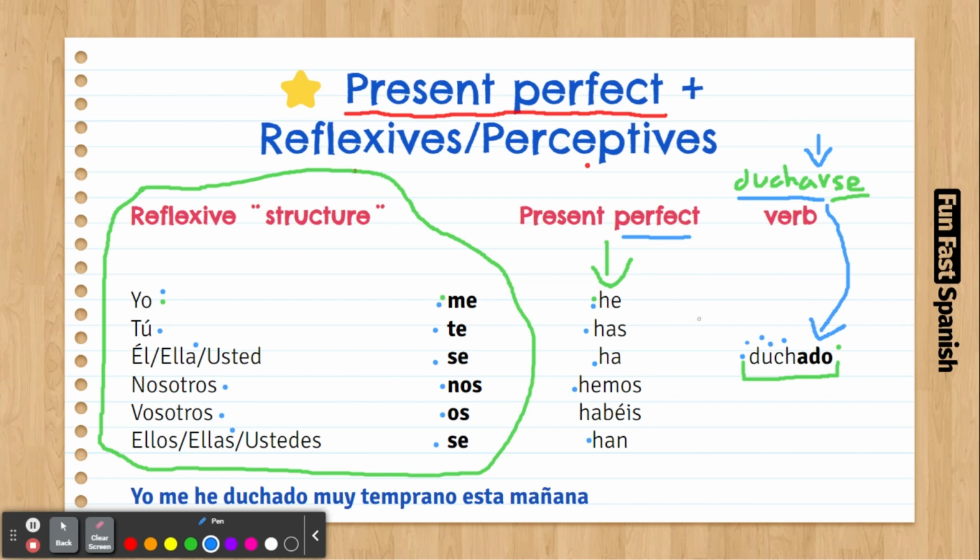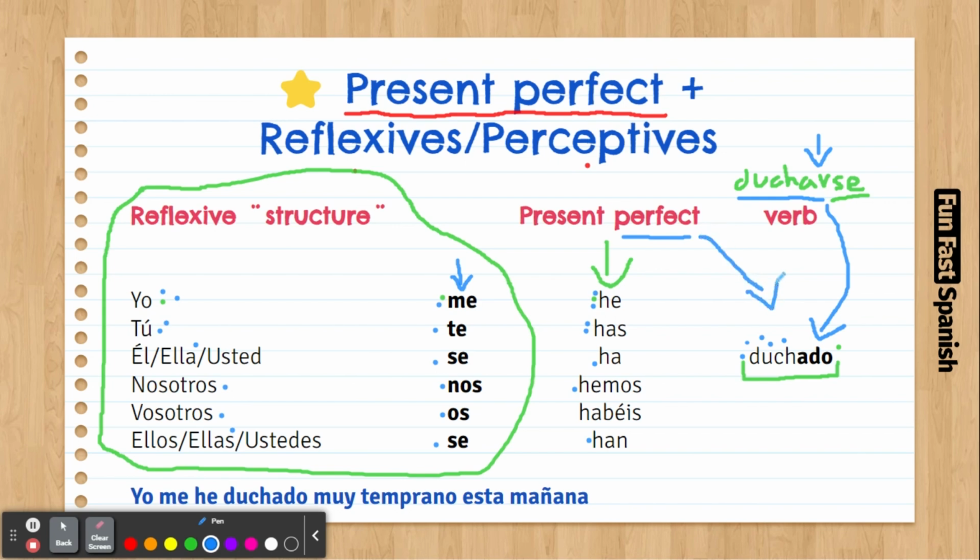Very important is to notice that we use the present perfect. Yo he, tú has, él ha, nosotros hemos. The same way we were doing it before, like yo he comido, right? Tú has comido is exactly the same thing, but because it's reflexive, we have to add the reflexive here, and also the verb is going to be conjugated as a perfect participle.